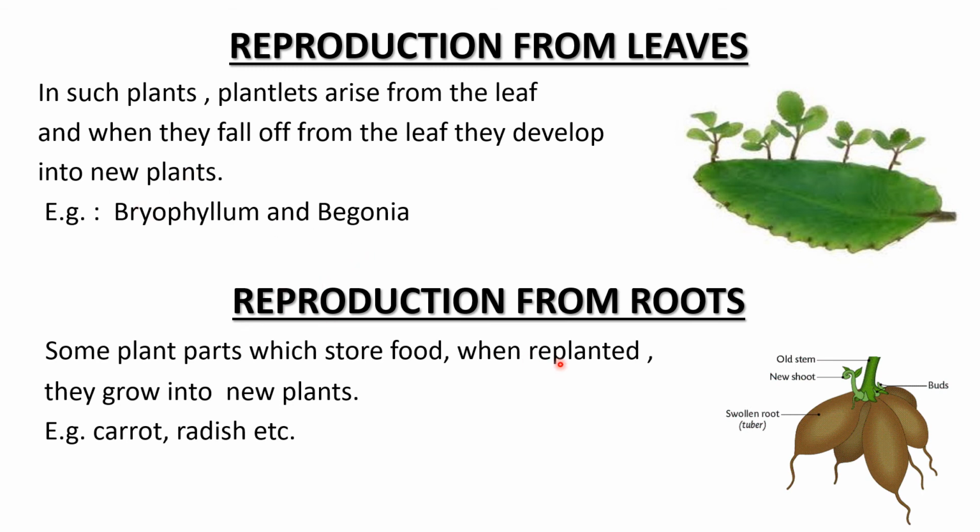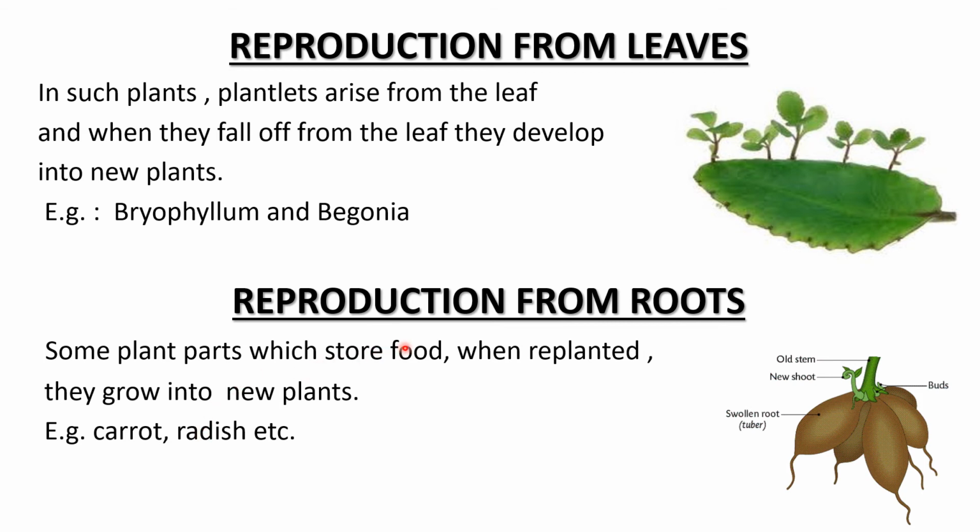Reproduction from roots. Now there are some roots also which can develop into a new plant. Some plant parts store food. You have already read that the parts which store food in their roots are carrot, radish, and many other plants.